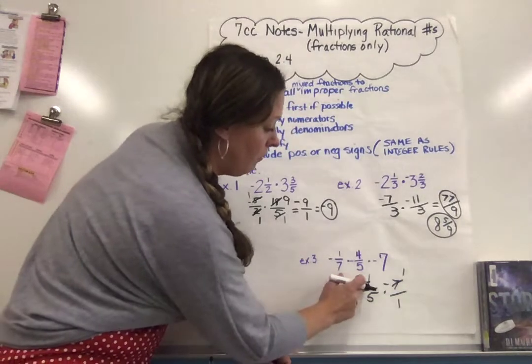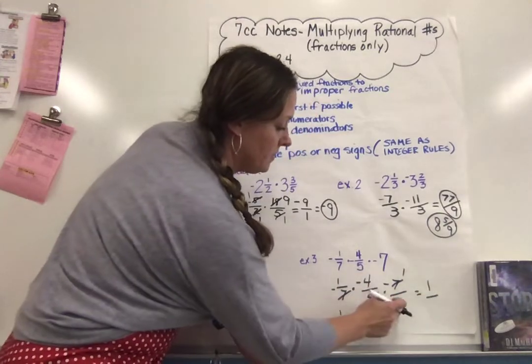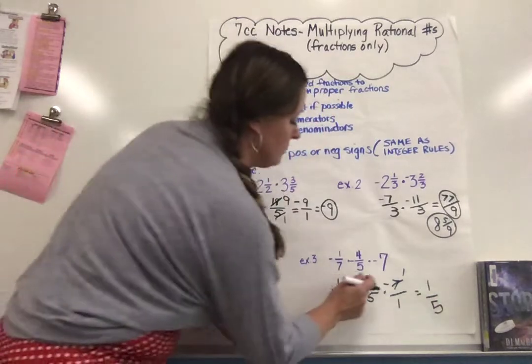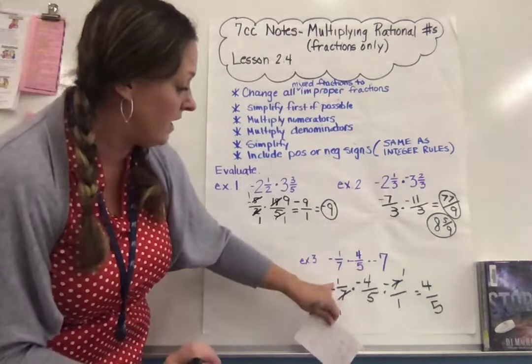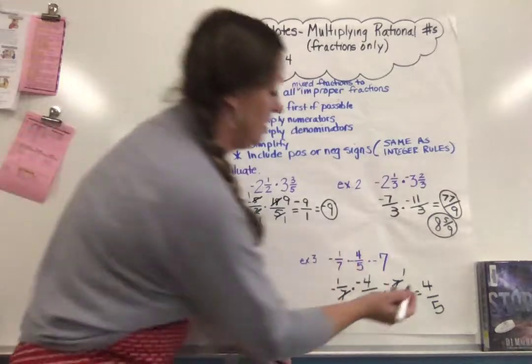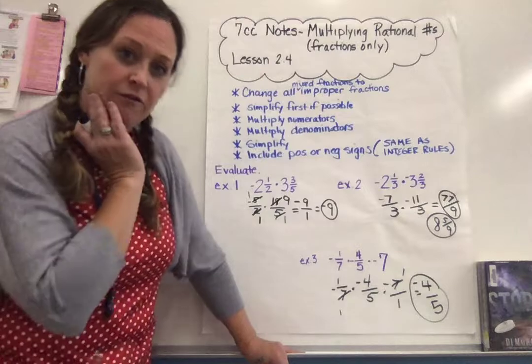So I have a 1, a 4, and a 1 in the numerator. I have a 1 times 5 times 1 in the denominator. And then 1 times 4 times 1 is 4, not 1, sorry. And then I check for negatives. I have a negative times a negative is a positive. A positive times a negative is a negative. So my answer is negative 4 fifths.